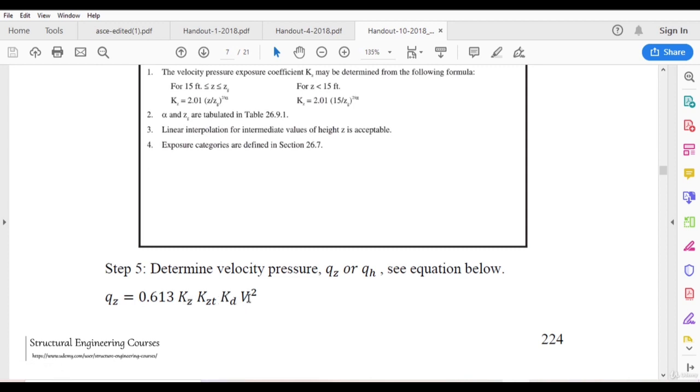When we are talking about the US units, this value is not 0.613 but it is 0.00256. So if we want to calculate the value of qz in US units, we need to consider the formula qz equals 0.00256 times Kz times Kzt times Kd times V squared.